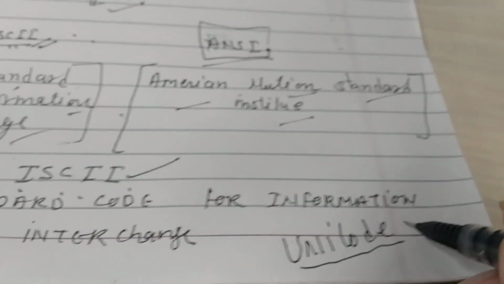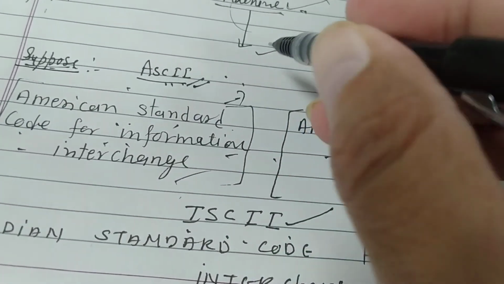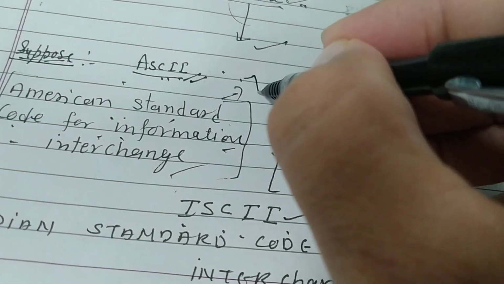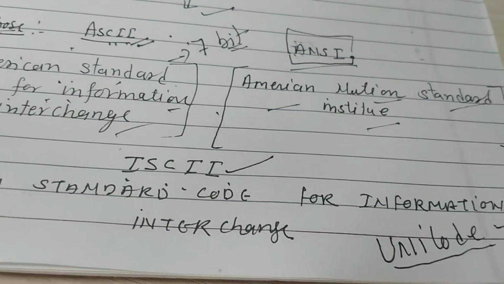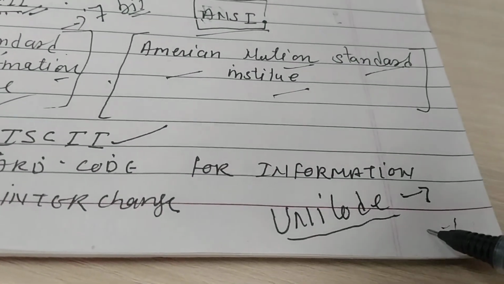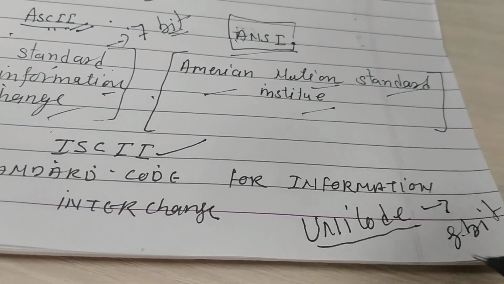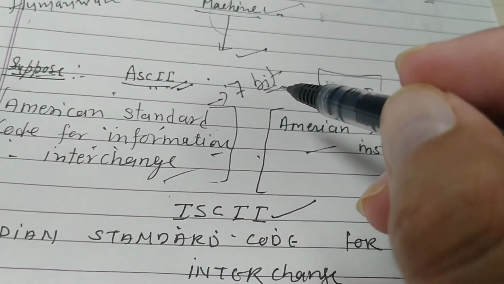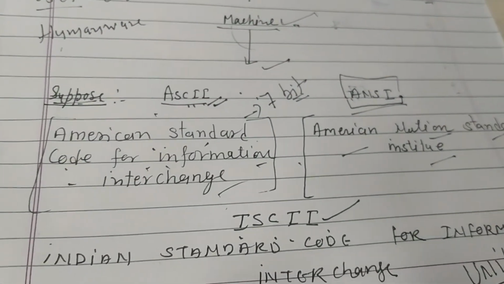What is the difference between this universal code and ASCII code? ASCII code is 7-bit. How many bits? 7-bit. And Unicode is 8-bit, so it takes more data than the 7-bit code. But nowadays we mostly use 7-bit ASCII code.